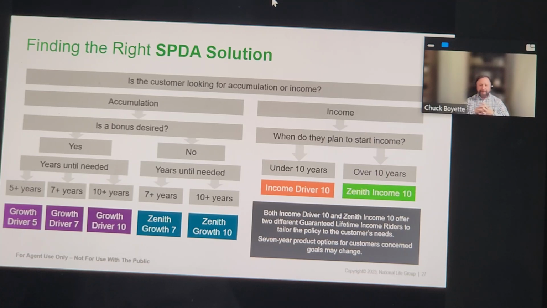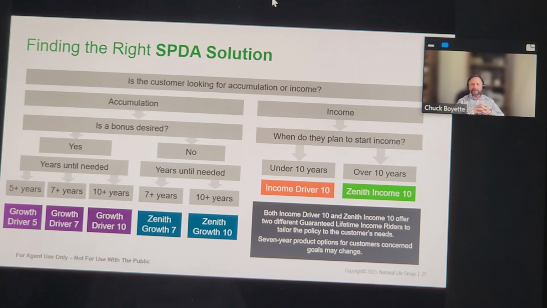If they're not looking for a bonus, then it's going to be Zenith Growth, because Zenith Growth pays high participation rates and high caps. So it'll allow them to create a lot of accumulation value. So if it's 7 years, Zenith Growth 7. And if it is 10 years, Zenith Growth 10. And then if they're looking for income, it's going to be one of our income annuities.